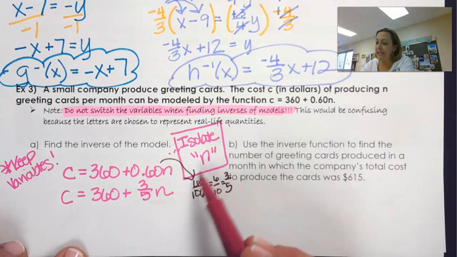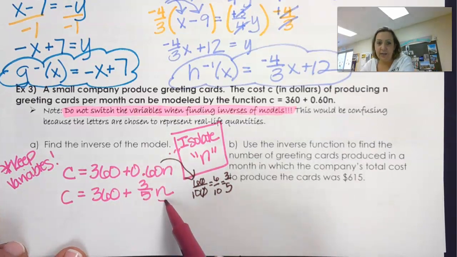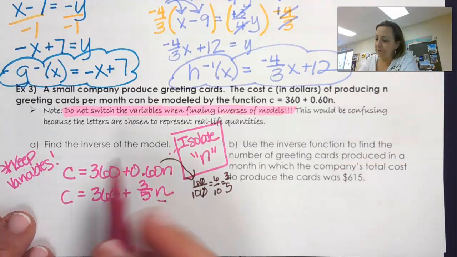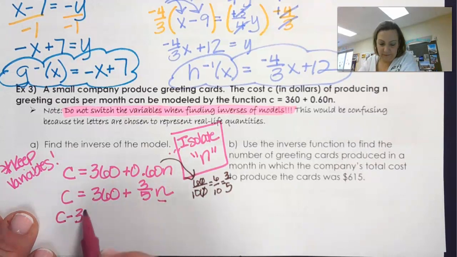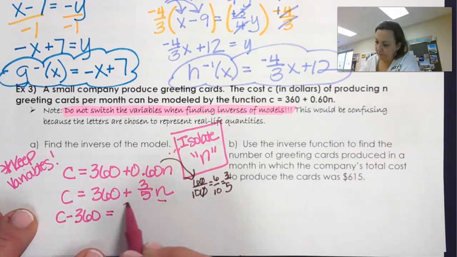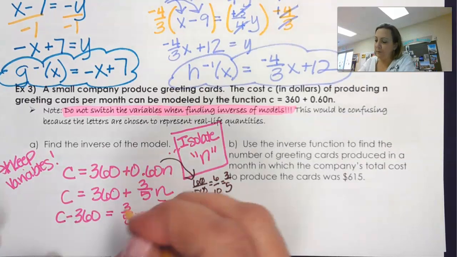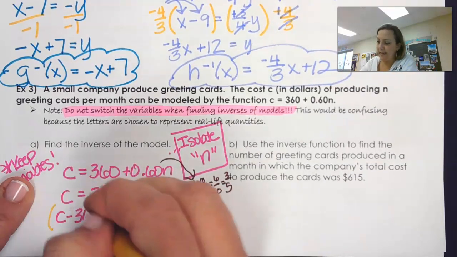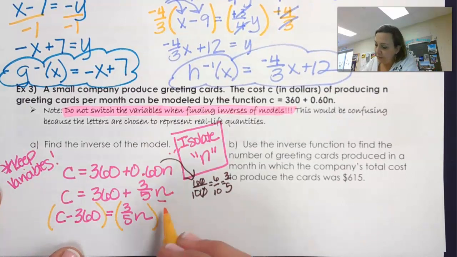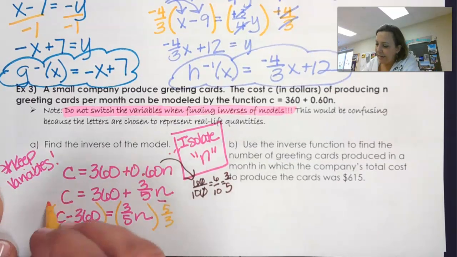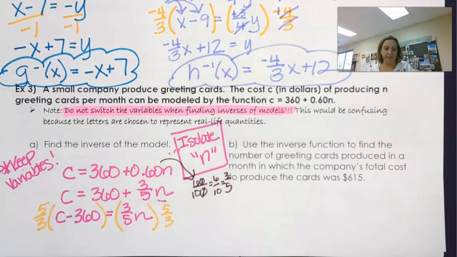Again, my goal is to isolate the n. So first, I would get rid of the 360. And then based on our discussion, we would want to multiply both sides by this reciprocal so I can get the n by itself.